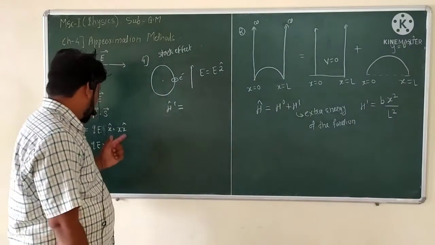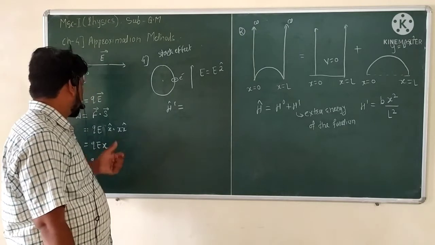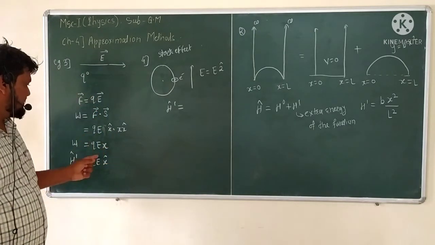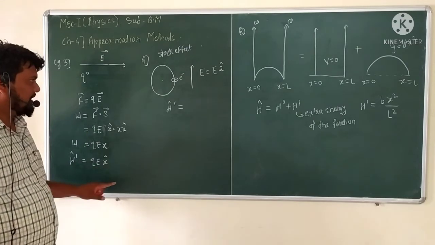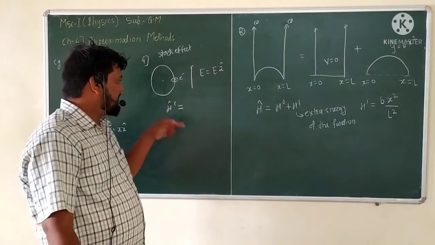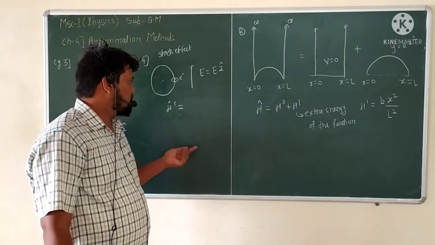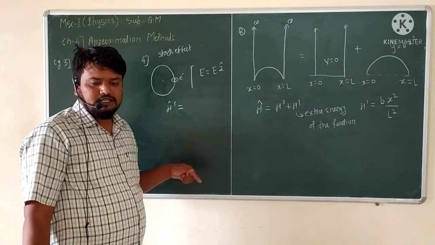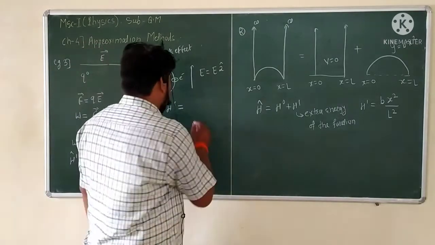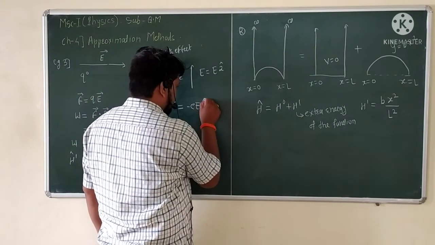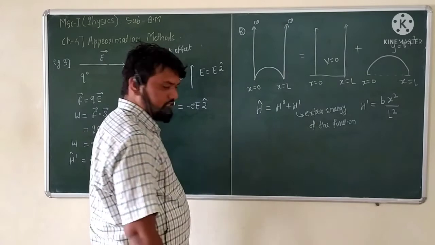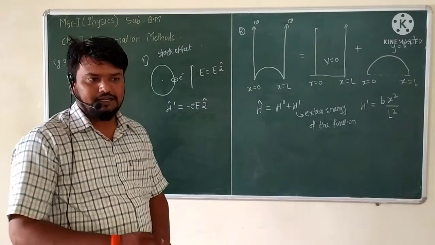What is the energy here? Earlier there was a charge, so the energy was QEX cap. But here it is an electron, and the charge on the electron is minus e, so the perturbation value is minus e into capital E of the Z cap.